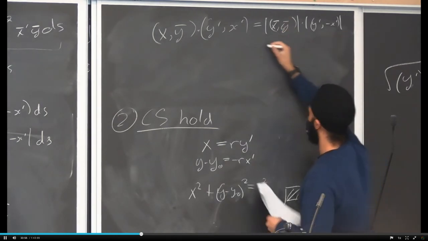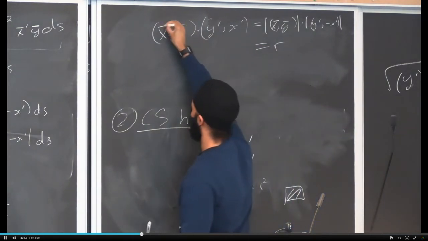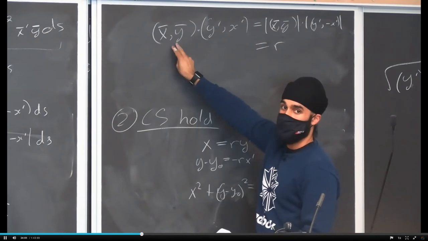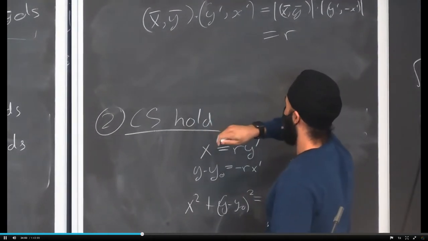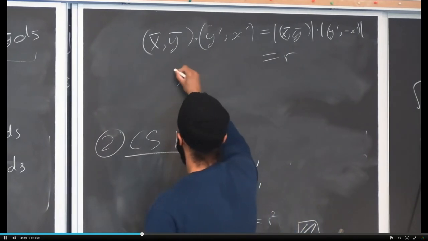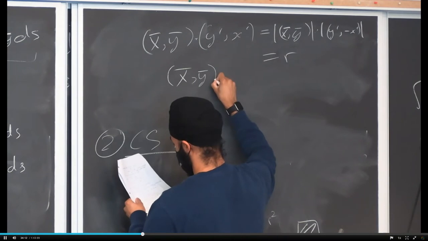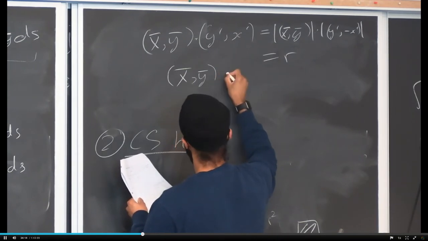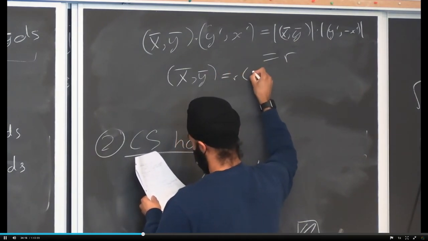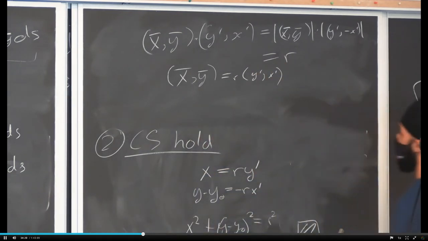This is 1. This is r. So this side you get r. And on this side, notice that this is a unit vector. If this is a unit vector, then it follows that (x bar, y bar) is equal to r times (y prime, x prime). So this is a unit vector.